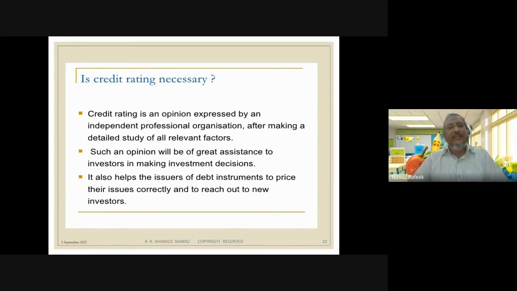It's a compulsory credit rating for large corporates listed on the Security Exchange.